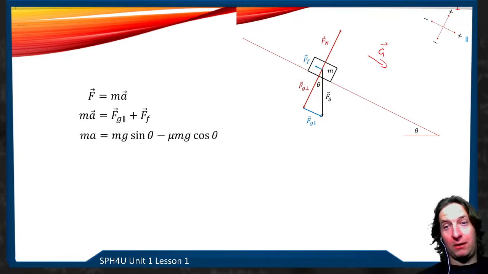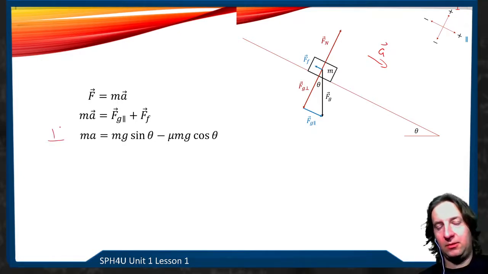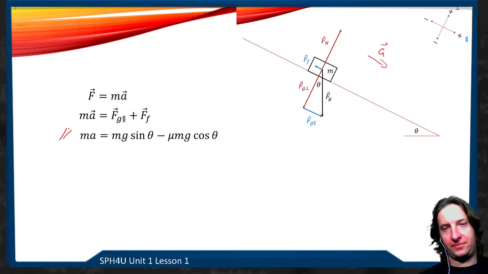I'm going to switch now from a vector equation to just the components. Notice all the vector signs have gone away in this third line. This is now a component equation that's only in the parallel direction. So the mass times the acceleration in the parallel direction is equal to mass times gravity times sine theta.